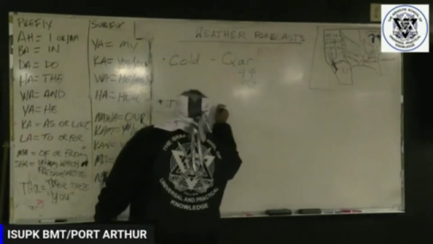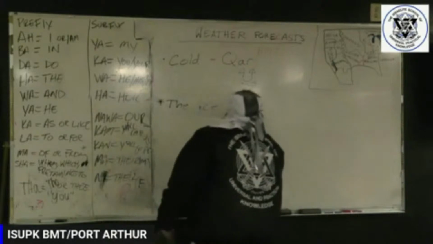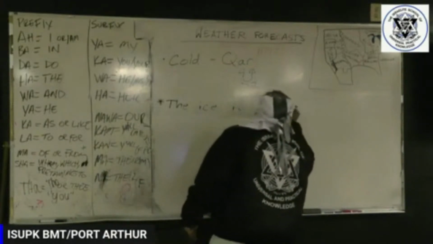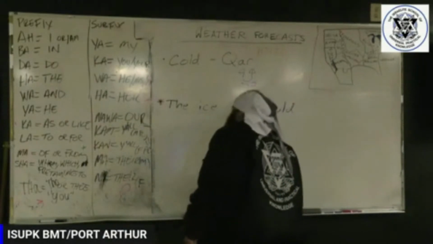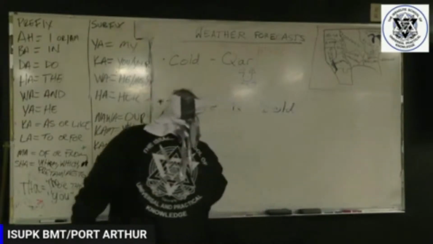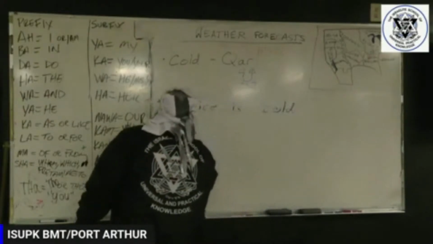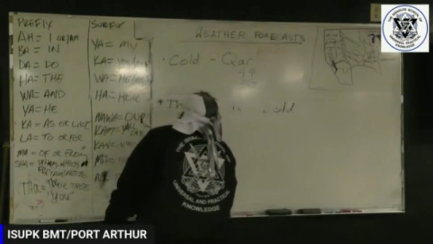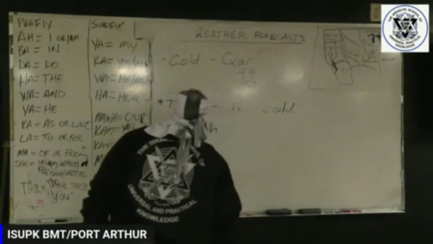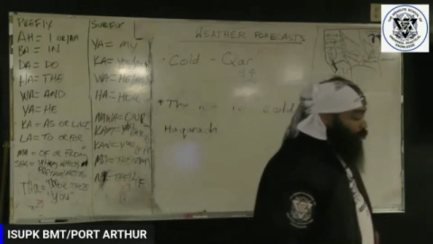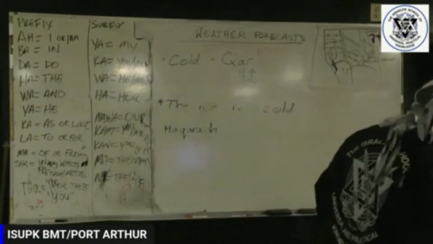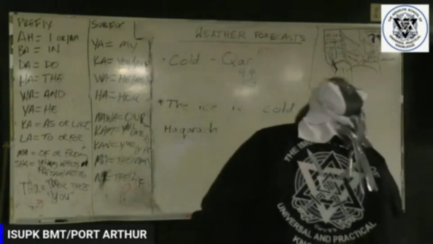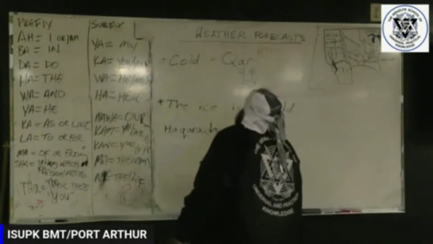The ice is cold. So the ice will be ha Qorak. Qorak is ice. Shout out to the brother whose name is Qorak. That means ice. So is in this instance is going to be hazah.